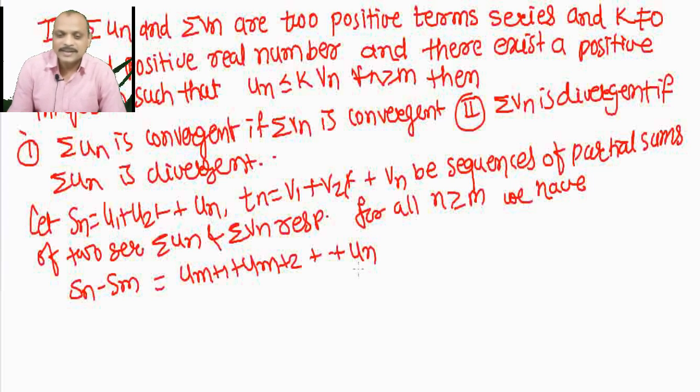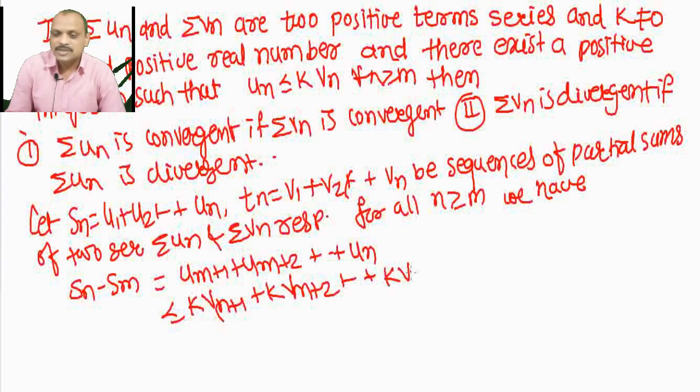But we know that um plus 1 is less than or equal to k into vm plus 1, plus k into vm plus 2, plus up to k into vn. So this is equal to k into Tn minus Tm. This is the relation which we get.